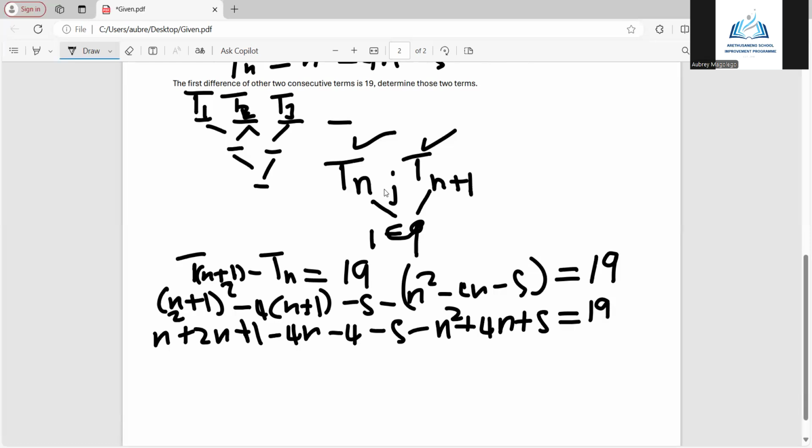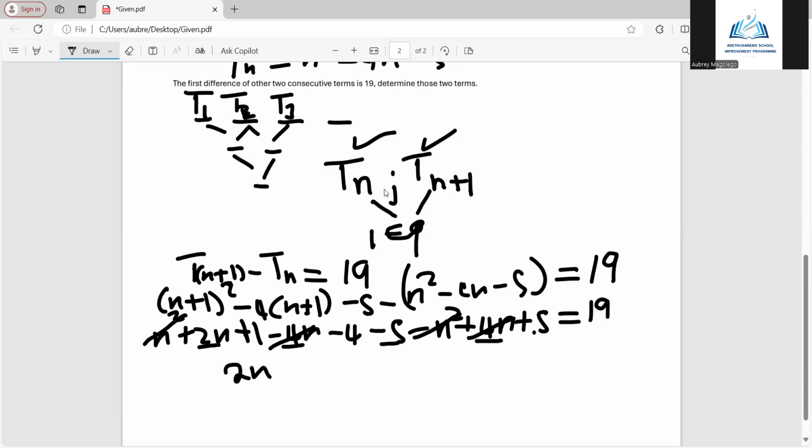So simple. You can see that n squared minus n squared, they cancel each other. Then 2n minus 4n is minus 2n, plus 4n is 2n. Or in other words, negative 4n plus 4n, they cancel each other, and you're left with 2n.